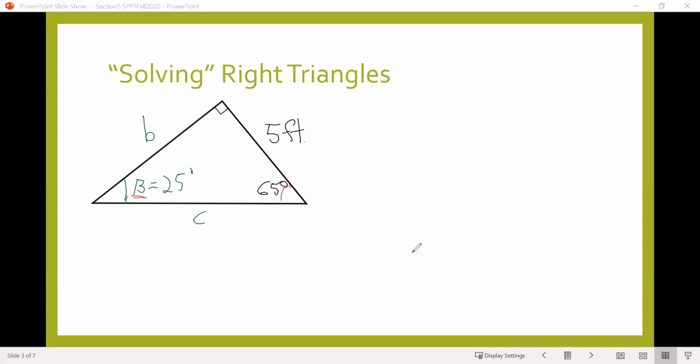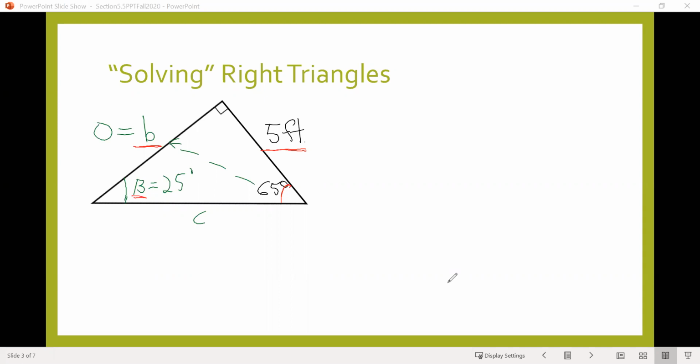So we're given this angle here. We're also given this side next to it, and we're trying to find this side here. Let's also think about how those sides relate to that angle in terms of opposite, adjacent, and hypotenuse. First of all, side b is across from that 65-degree angle, so that's going to be the opposite.